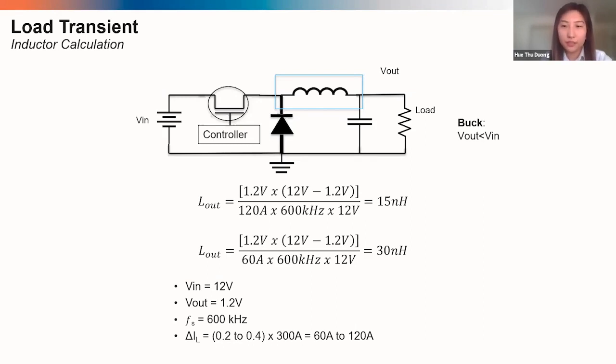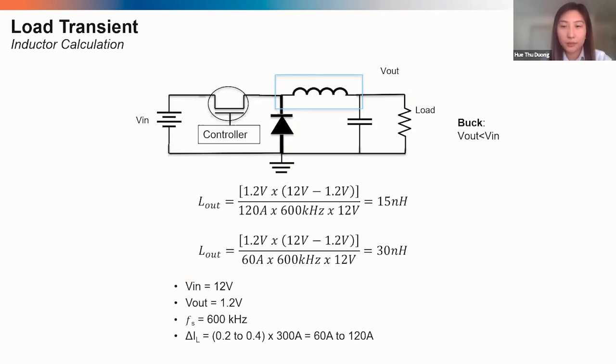So let's go over these equations. On top here, we have the 120 amps equation. We have 1.2 volts times 12 volts minus 1.2 volts, all of that divided by 120 amps times 600 kilohertz times 12 volts. And this gives us 15 nanohenries.